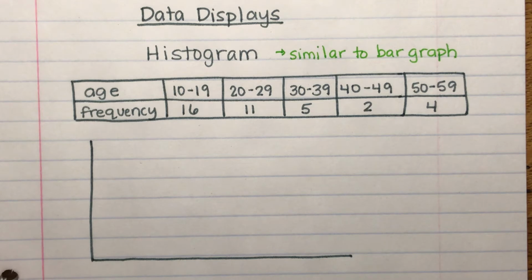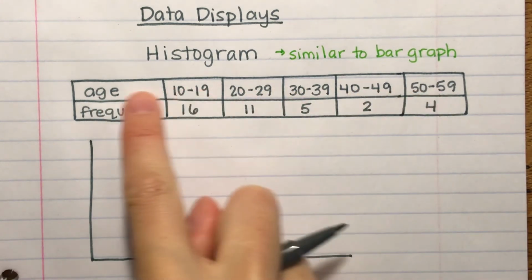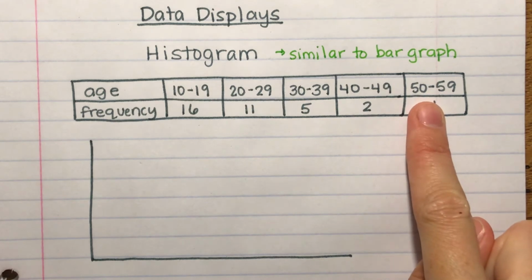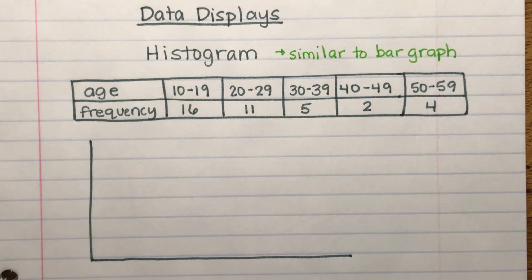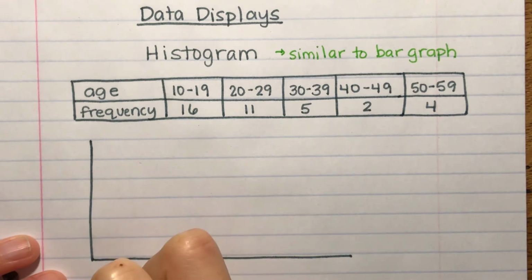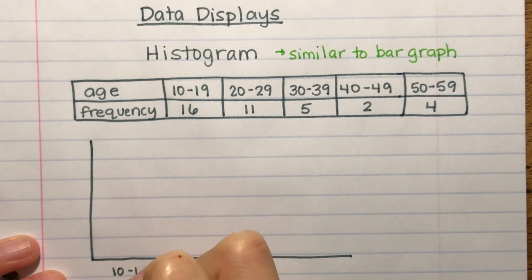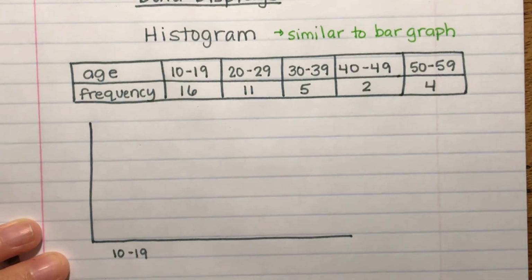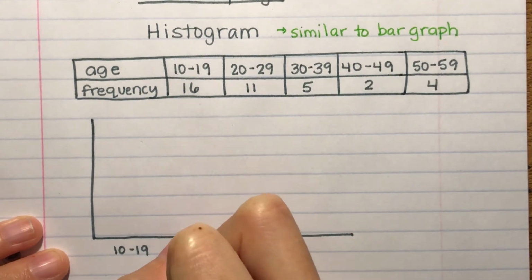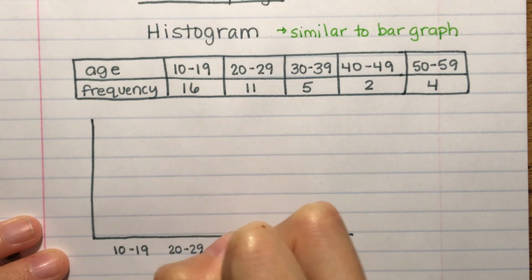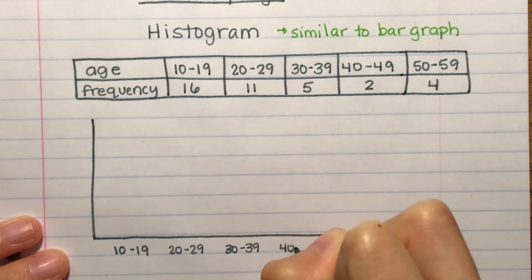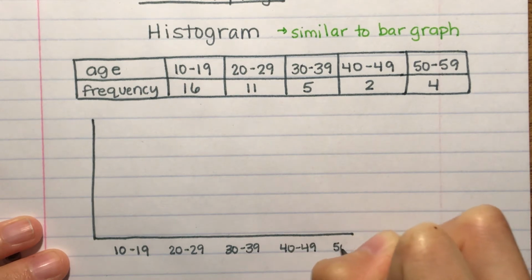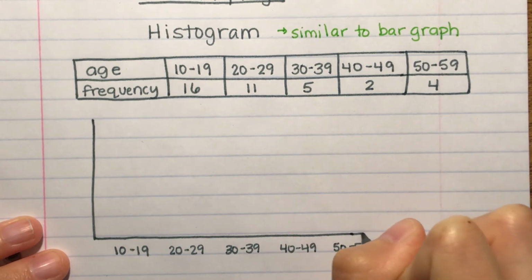On the bottom is always going to be these age or whatever categories you have. Categories means when you grouped the different numbers together. So I would have on the bottom here 10 to 19, and then 20 to 29, 30 to 39, 40 to 49, and 50 to 59.